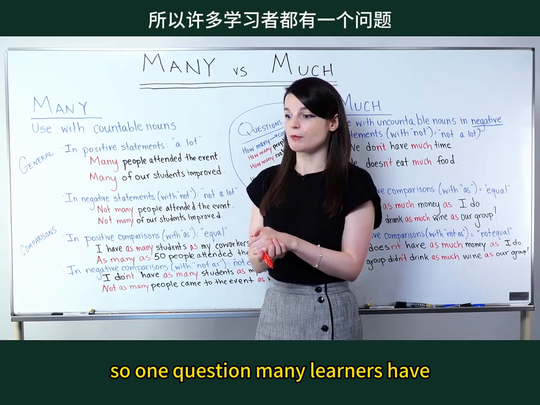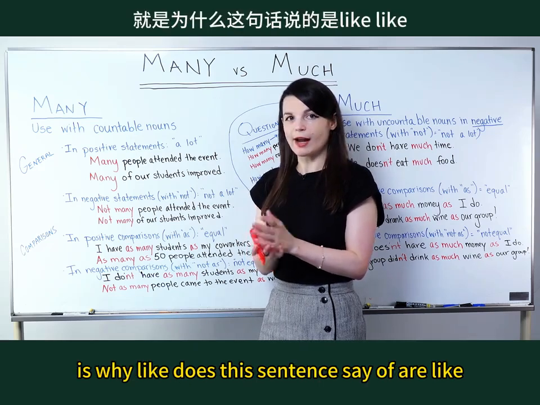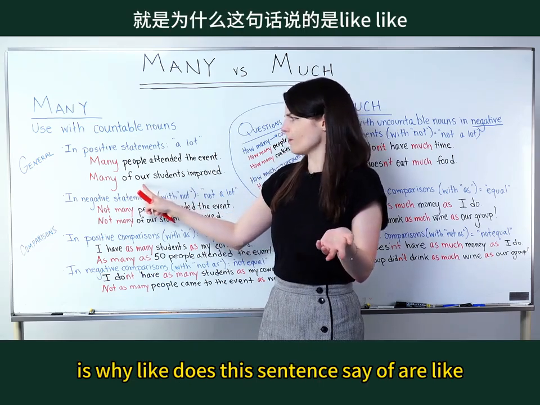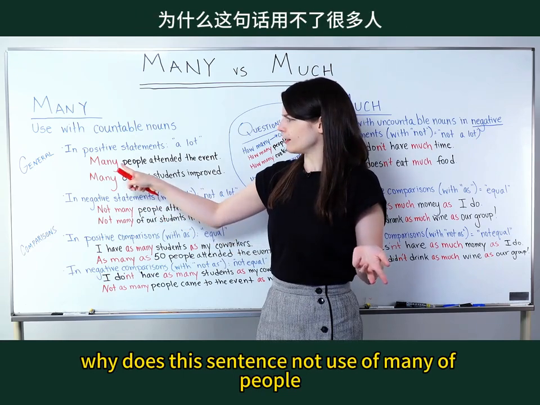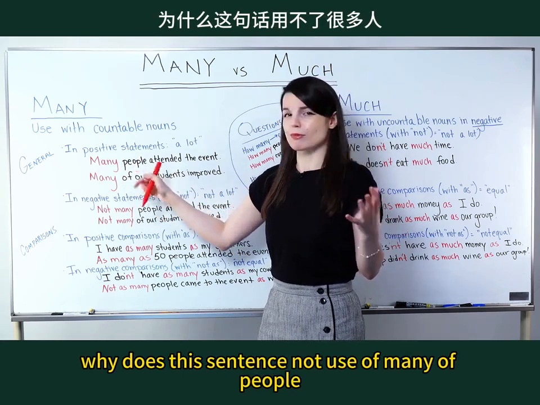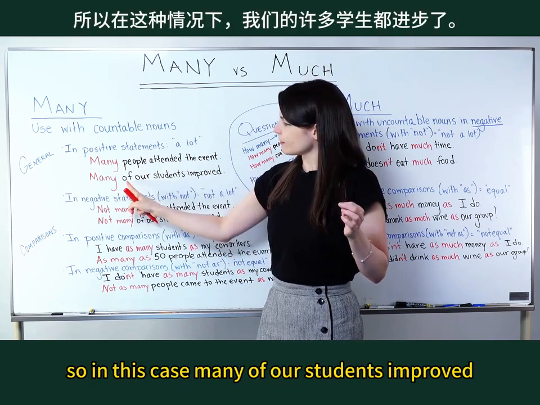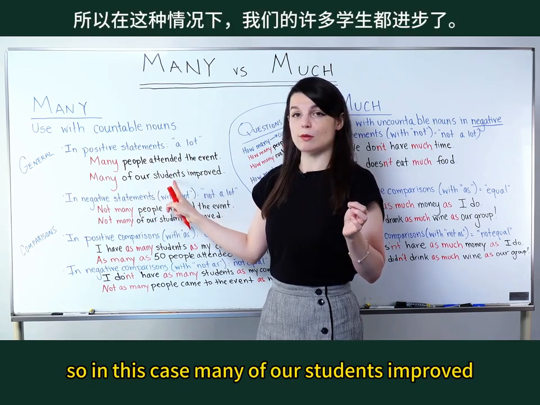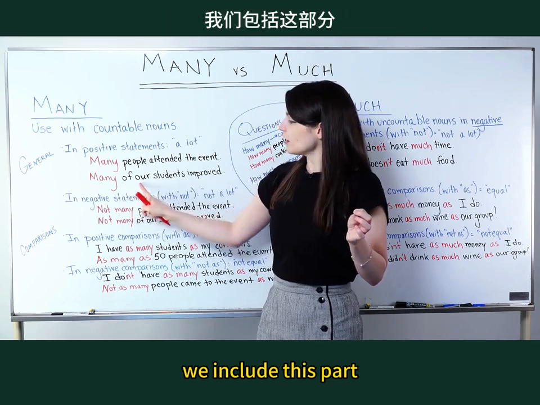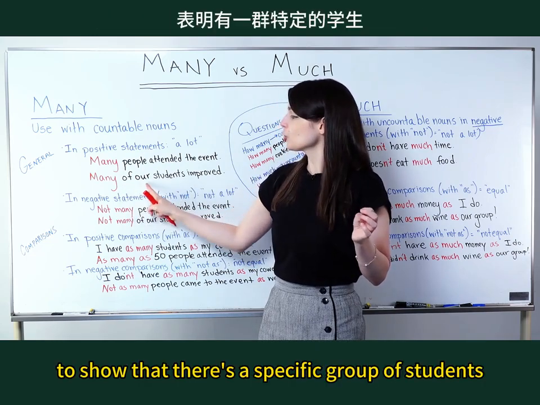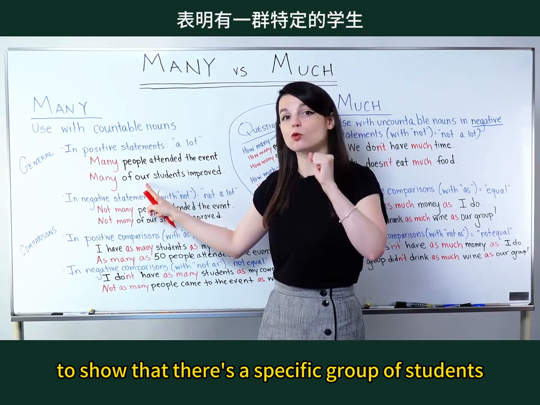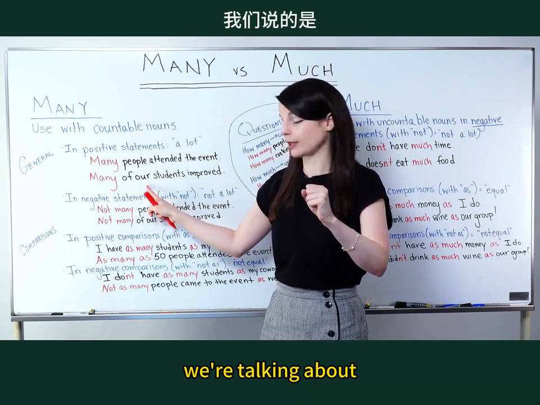One question many learners have is why does this sentence say of our? Why does this sentence not use of, many of people? In this case, many of our students improved. We include this part to show that there is a specific group of students we're talking about.